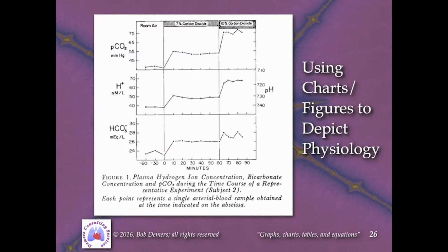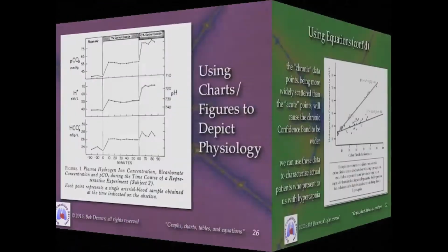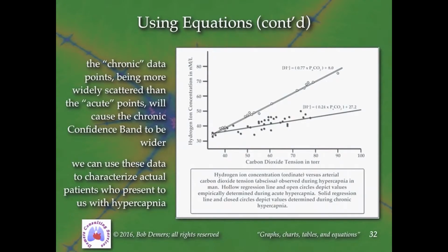Those same data are then presented in graphic form by means of a chart that is incorporated in the same paper. Next, a formula that accurately and precisely depicts the response of Homo sapiens to progressive degrees of carbon dioxide retention gleaned from the same publication is provided.